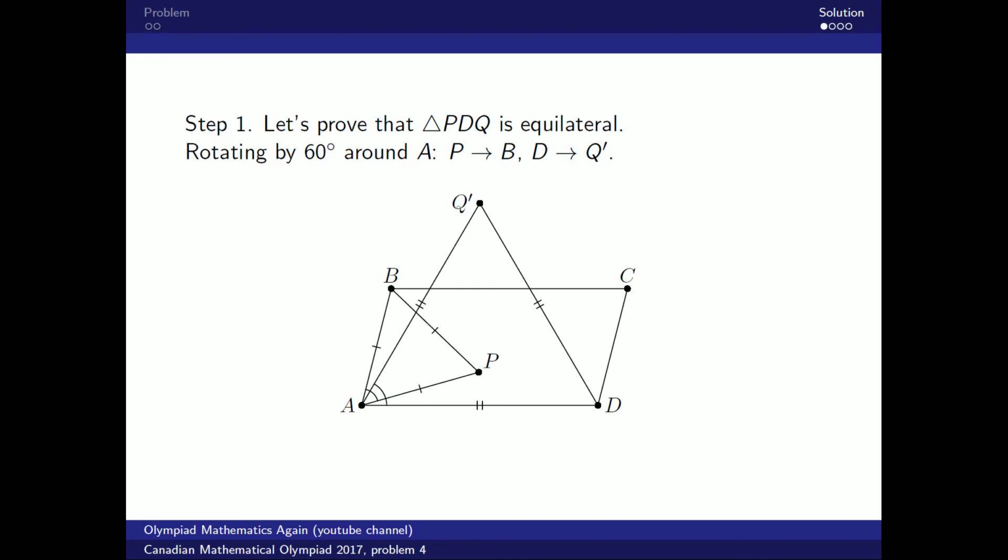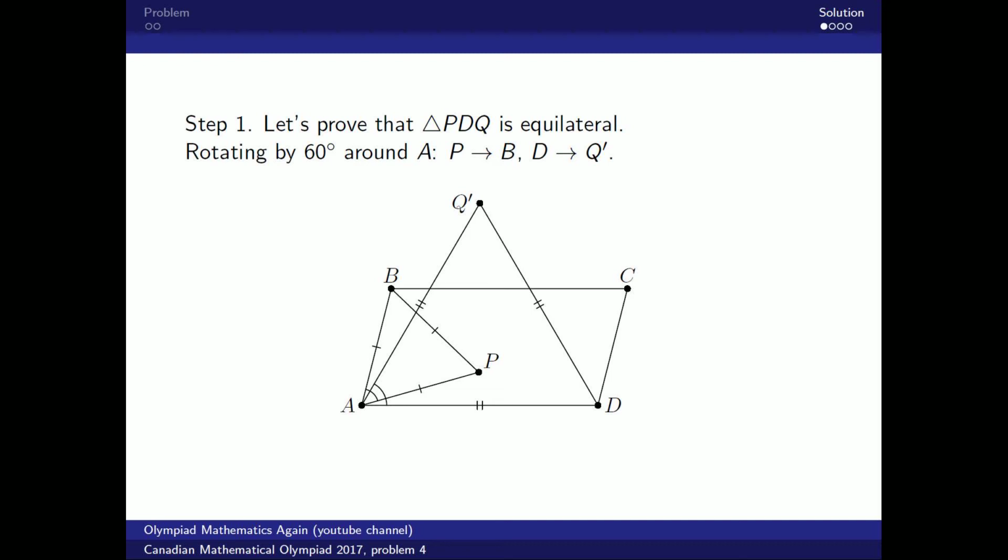Equilateral triangle means that all its sides are equal and all its angles are equal to 60 degrees, right? So if we rotate around one of the vertices of this triangle, the other vertex goes to the third one. So P goes to B when we rotate around A by 60 degrees.